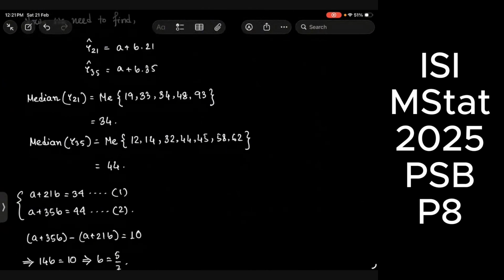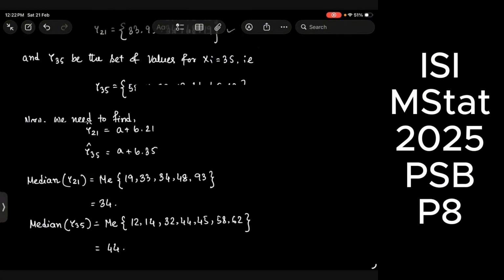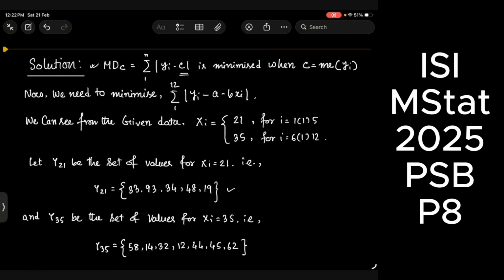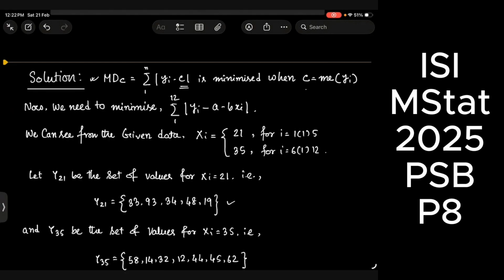Tell me, Piyash, if you have any doubt. No, sir. Sir, do we have to show that the absolute value is minimum when C is the median? That you may show, because that is the key point, right? We are building up the solution on the basis of this result.